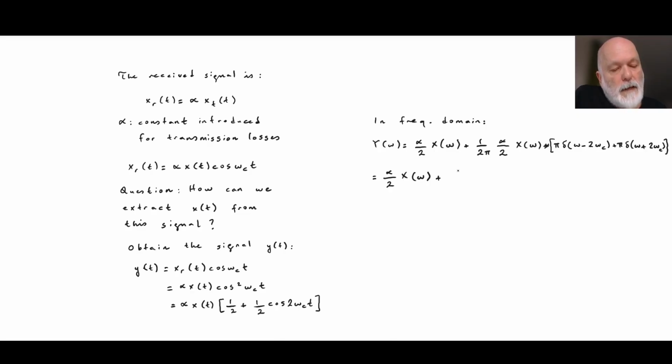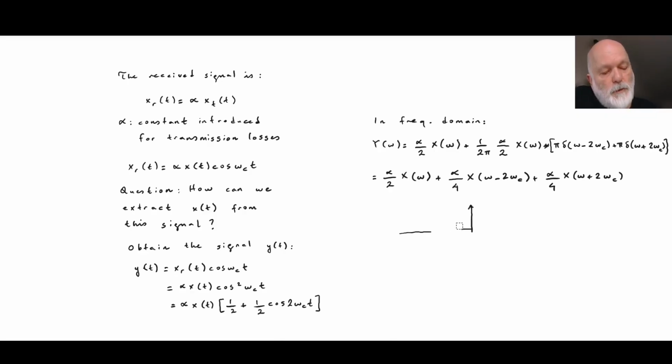We will have alpha over 4 x of omega minus 2 omega c and alpha over 4 x of omega plus 2 omega c. Okay. So if we plot y of omega, magnitude of y of omega, of course it will also have a certain phase, but let us just plot magnitude of y of omega.